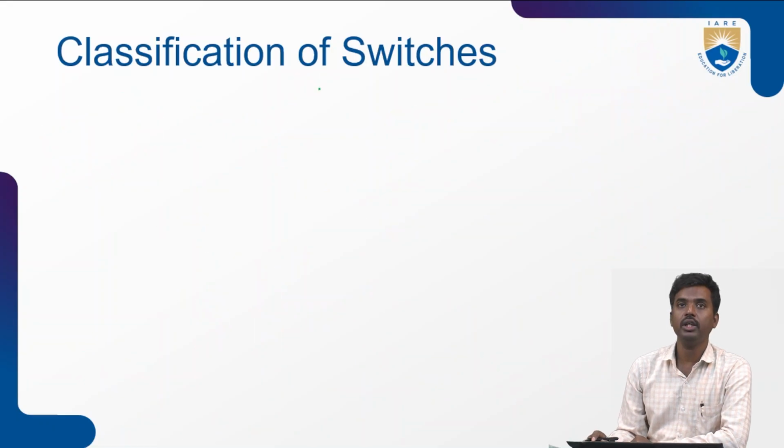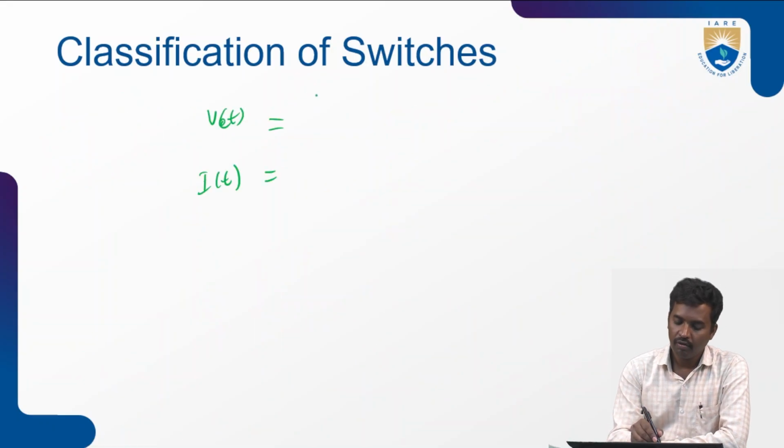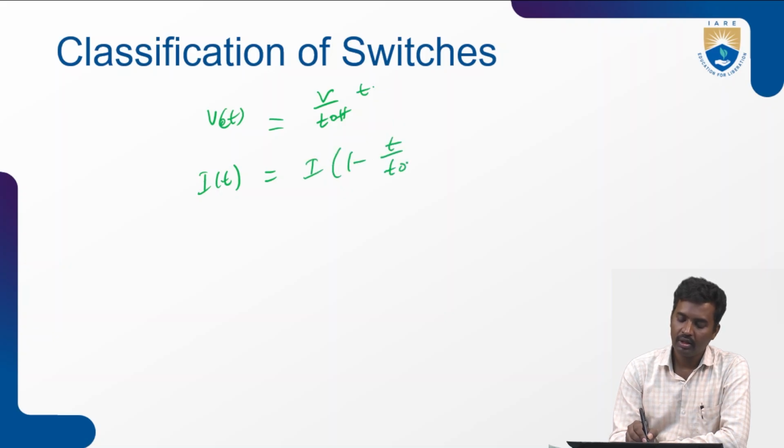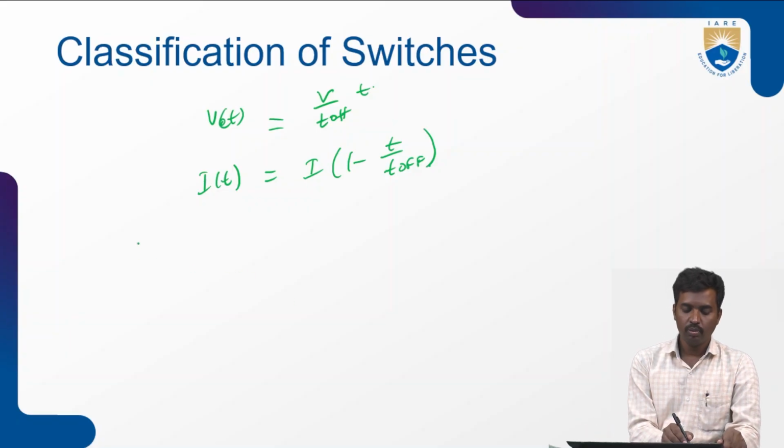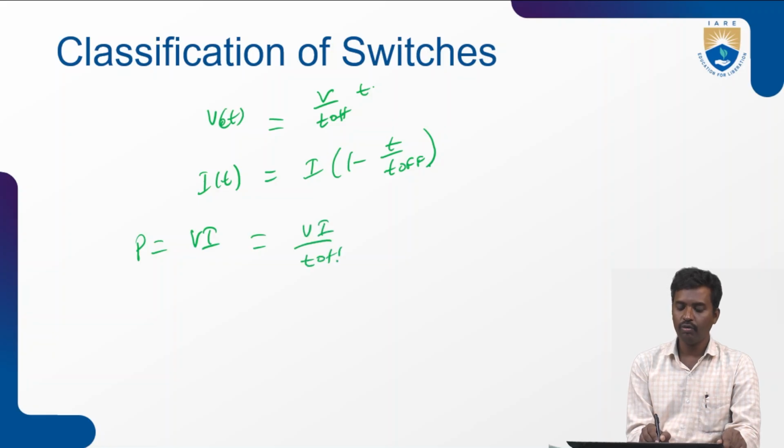So V by T off into T, and now here I into 1 minus T by T off. So now power equals V into I, that equals V into I by T off into T minus T square by T off.